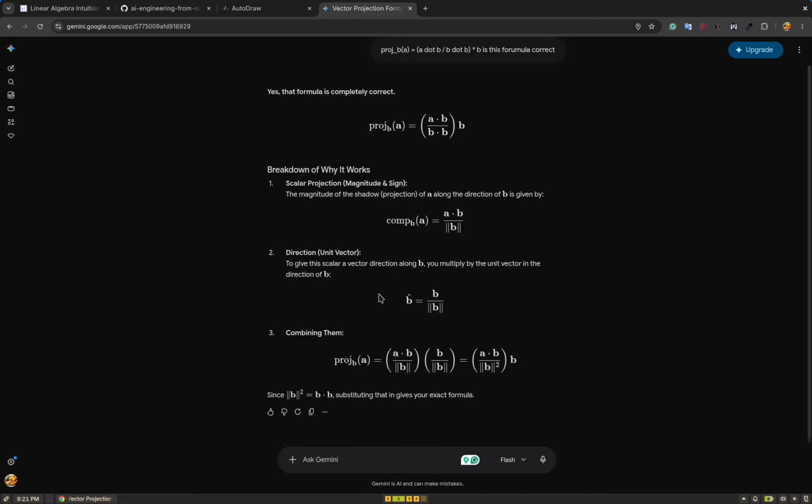To give the scalar a vector direction along B, you multiply by the unit vector in the direction of B. This is confusing. I need to derive this with my own two hands. I want to open up my bag. I'm going to get that pointer. Where is it?